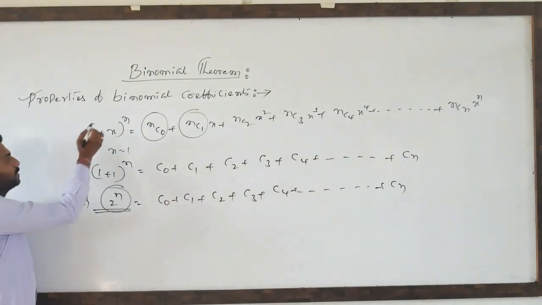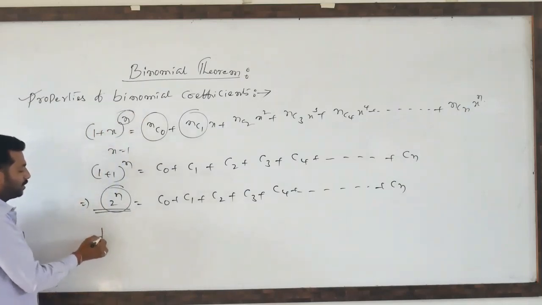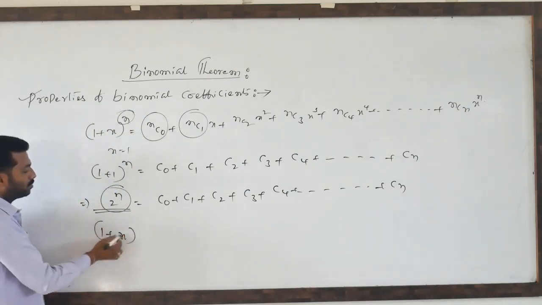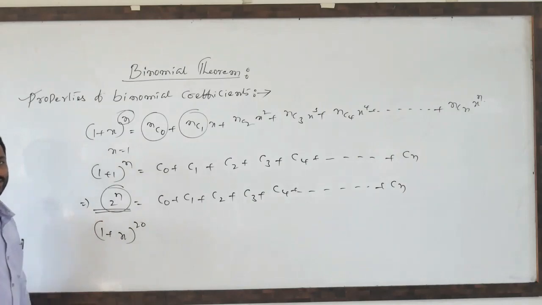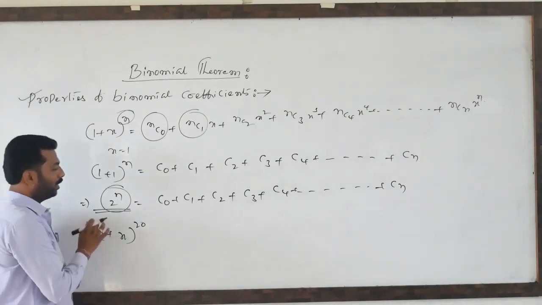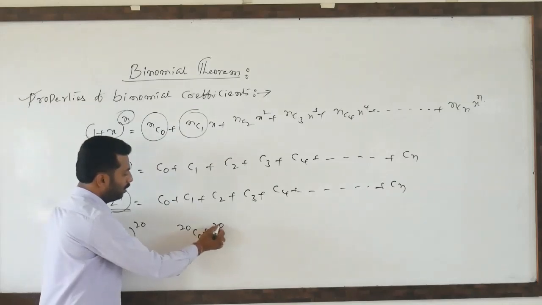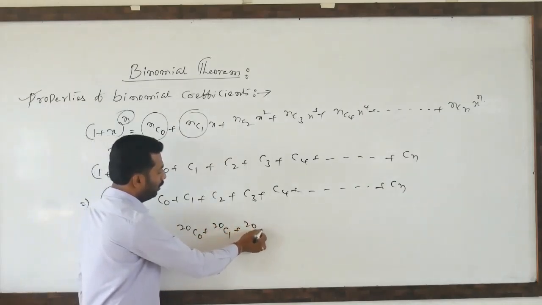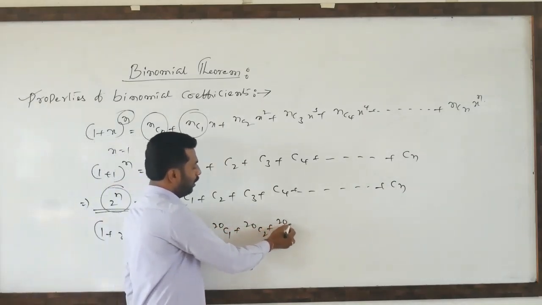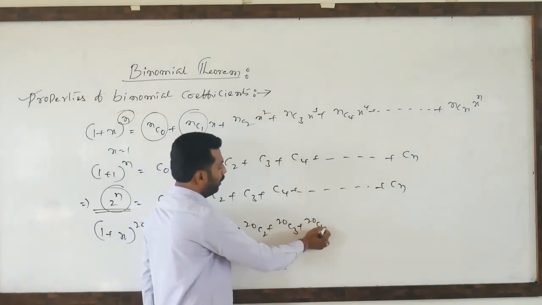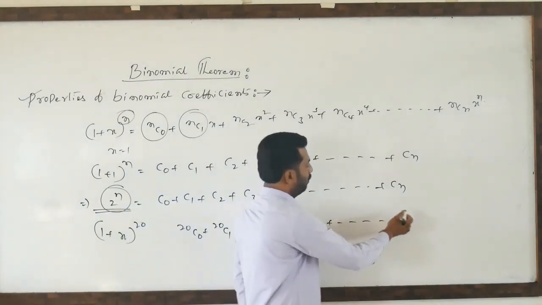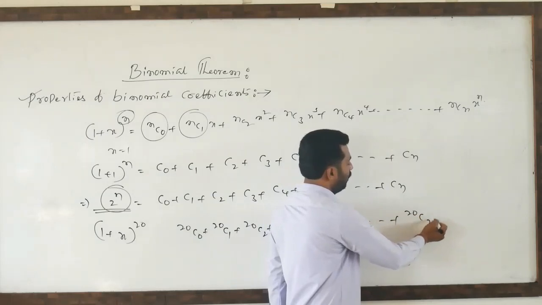Next. Suppose the binomial expansion is (1 + x) to the power 20. What do we have to write? That is 20C0, 20C1, 20C2, 20C3, 20C4 and so on, 20C20.